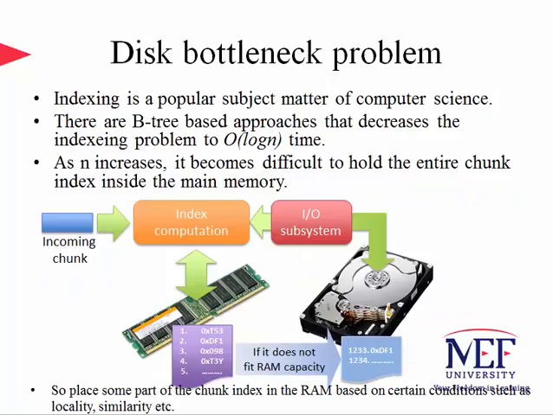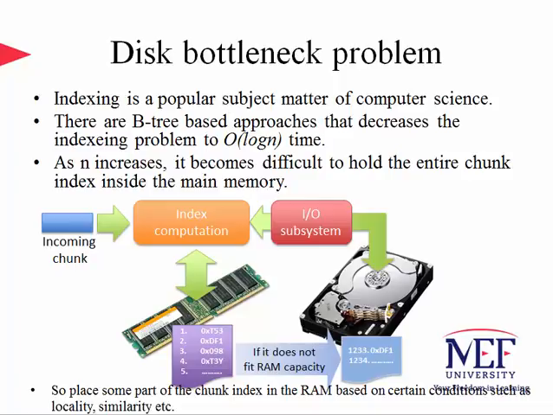Indexing is a popular subject matter of computer science, and there are tree based algorithms that decrease the search problem to O(log n) time, as you might already be familiar, which is way better than O(n) for large values of n. As you might guess, as n increases, it becomes difficult to hold the entire chunk index inside the main memory because it gets huge and will probably not fit into your physical RAM.